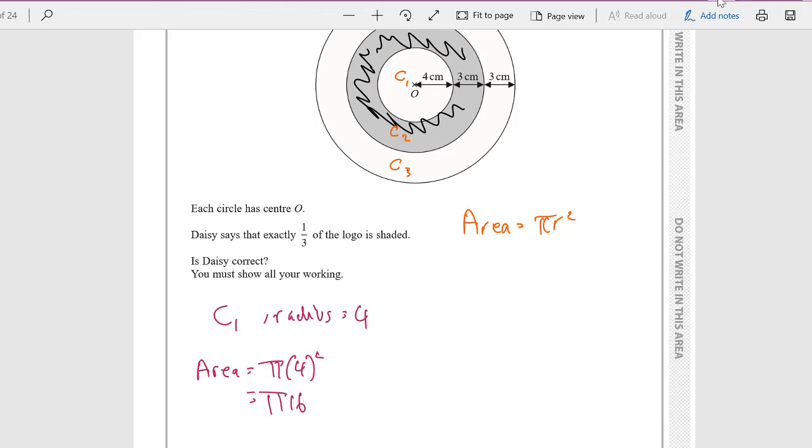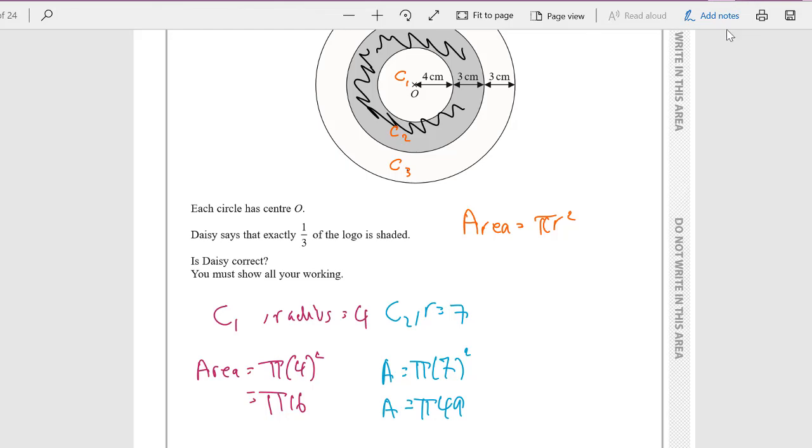And then we come on to circle 2. Circle 2 has a radius of, well, 4 plus 3 gives us 7. So we know that the area is going to be pi 7 squared, which is 49 pi.